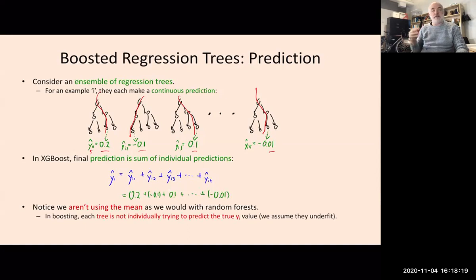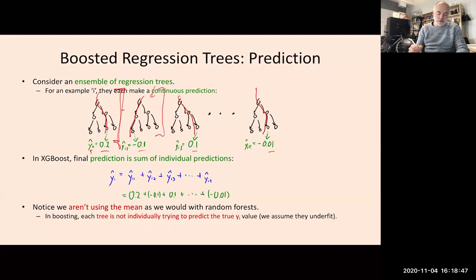That's different than what we did with random forests, and what this reflects is the fact that in boosting, we're doing something very different. Each tree is not learning to predict the true y_i. Rather, you learn this tree to make the prediction, and then you learn this tree to correct for the mistakes that the first tree made.